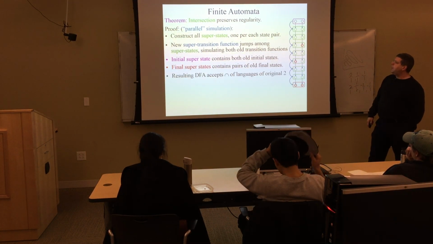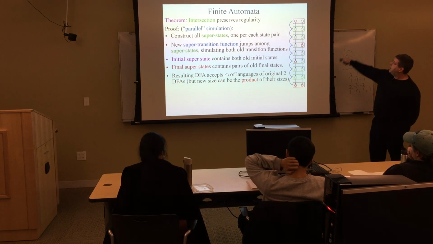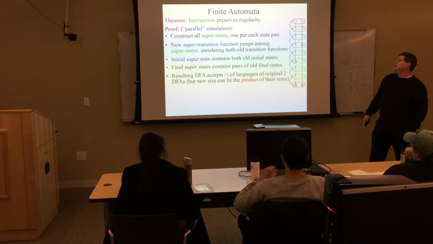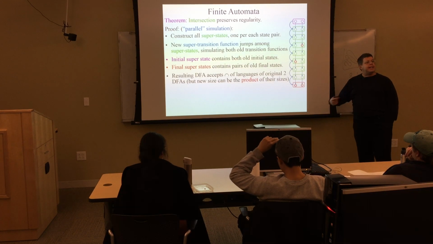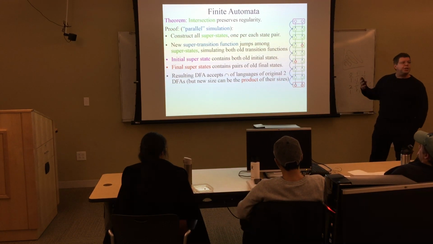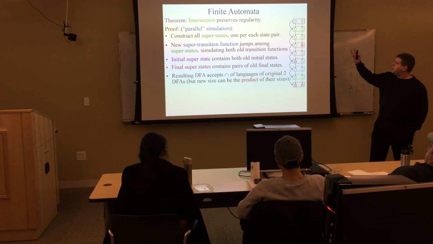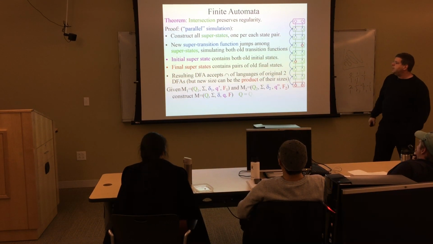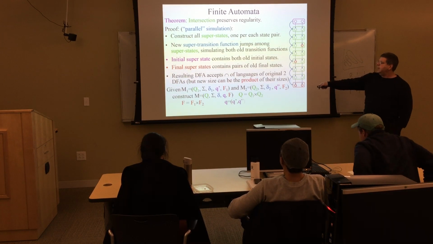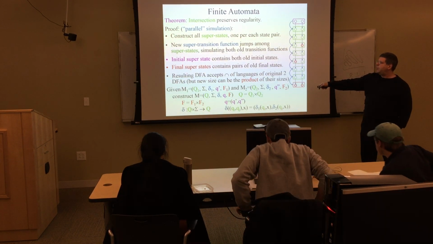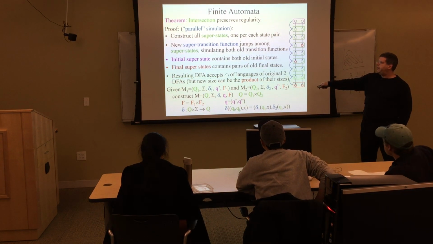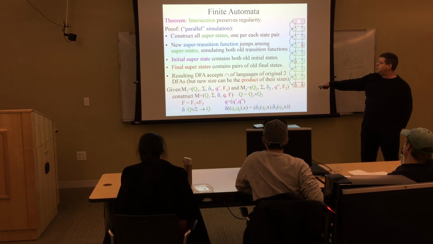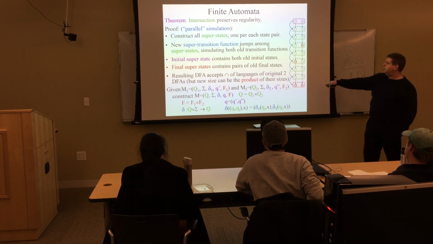Okay, so the resulting deterministic finite automaton that I've constructed accepts the intersection of the two languages accepted by the original two machines from which I constructed it. So in terms of symbolism, here's what's going on. The first machine, call it (Q1, Sigma, Delta1, q0, F1). F1 is the final state set of the first machine. F2 is the final state set of the second machine.